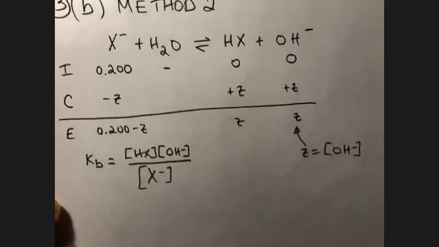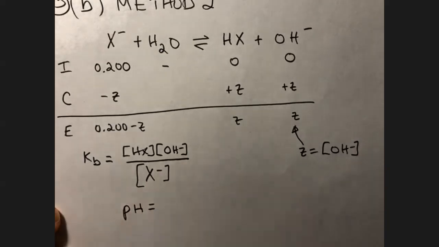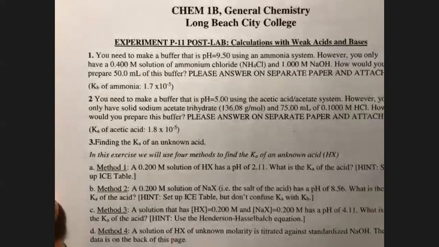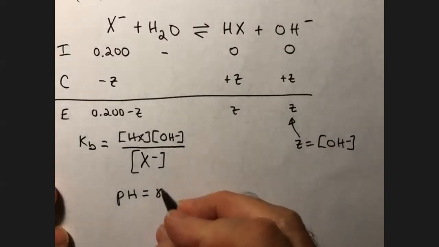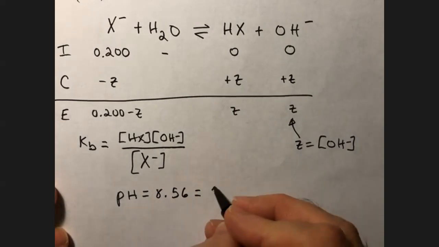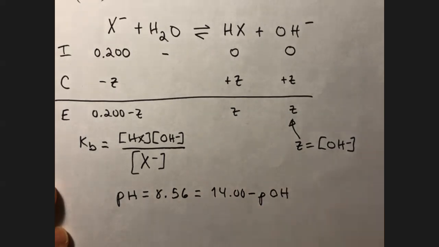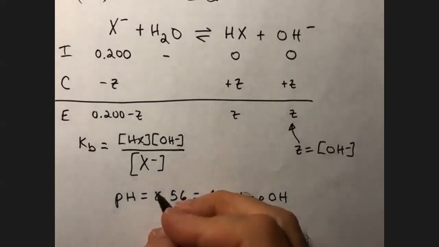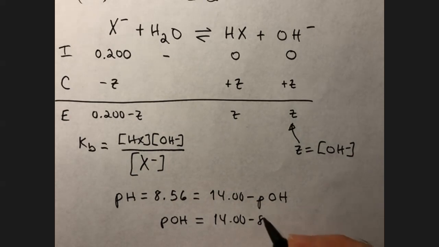How do I get that? Well, the only piece of data I have is the pH of this solution, right? They told us that the pH is 8.56. So that should be 14 minus the pOH, right? So that means that the pOH would be 14 minus 8.56.